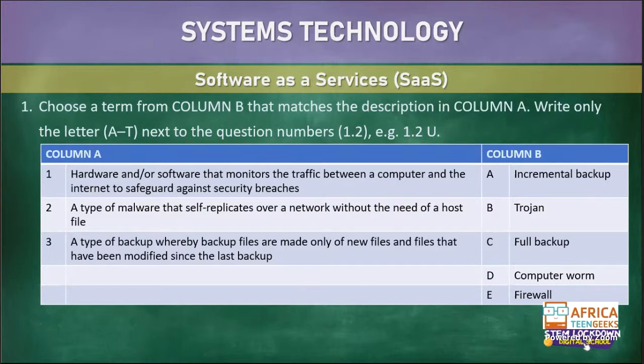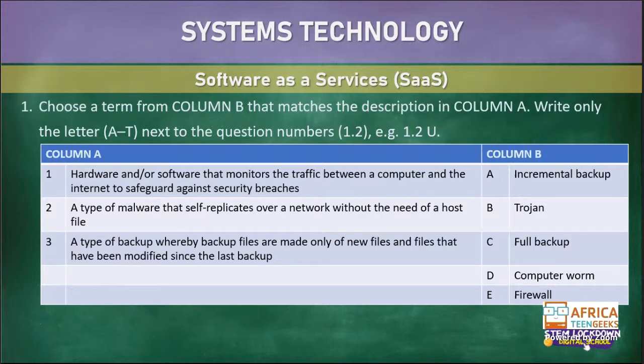Right, then a type of backup whereby backup files are made only of new files and files that have been modified since the last backup. So this does not change whatever has been backed up before. It adds only if there is something new being added into a file. So we term this incremental backup.